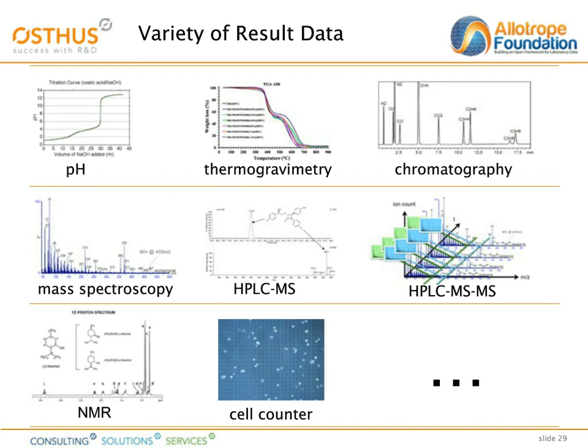For example, a pH measurement, thermogravimetry, weighing processes, chromatography, mass spectroscopy, or also hyphenated methods like HPLC with subsequent mass spectroscopy. And we also have more biology-related techniques such as cell counting. These different data sets show the variety problem of big data.